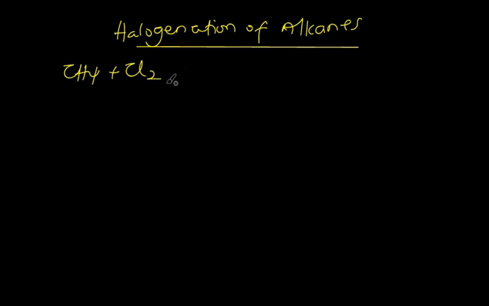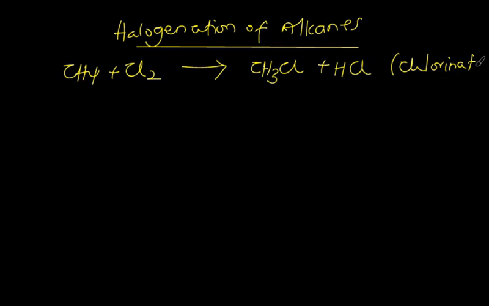This will give us what? CH3Cl, methyl chloride, plus HCl. So this is an example of what? A substitution reaction, specifically halogenation or chlorination. This is chlorination of alkane.